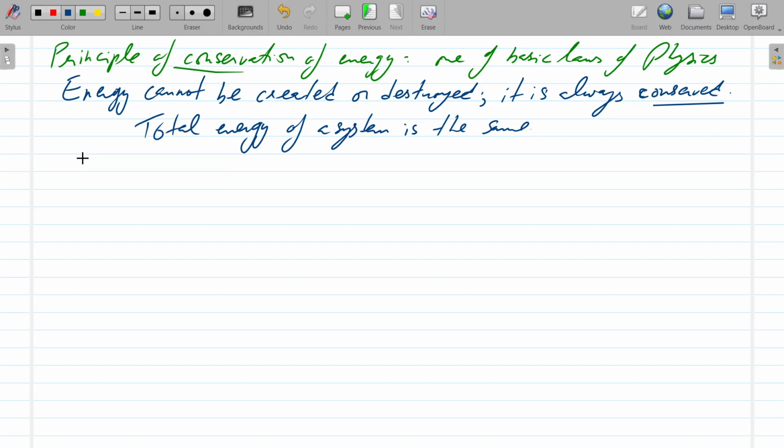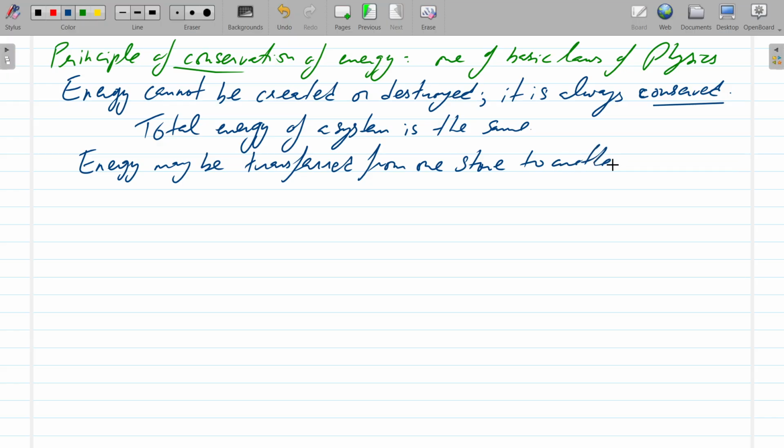Energy may be transferred from one store type to another, and this transfer includes energy loss.